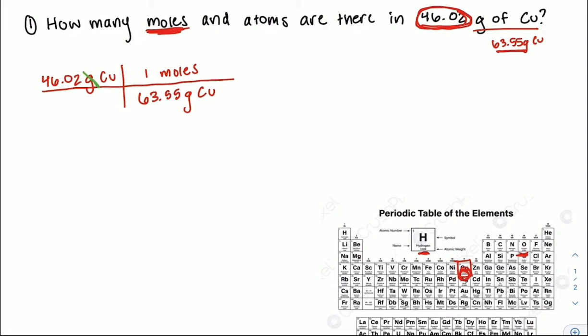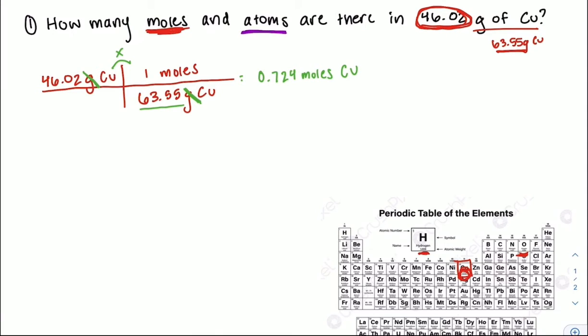You see that the grams cancel each other out and you're left with moles. Now you're going to solve. You multiply the top ones and divide by the bottom: 46.02 divided by 63.55, and you get 0.0724 moles of Cu.